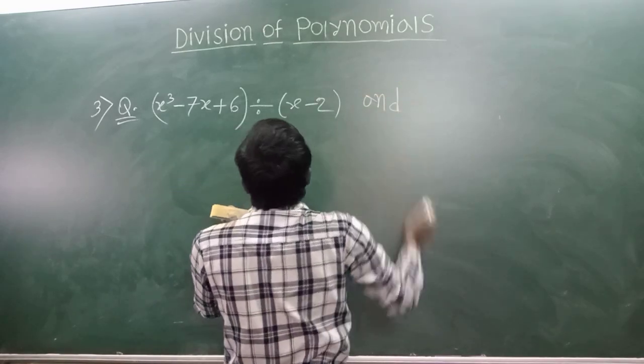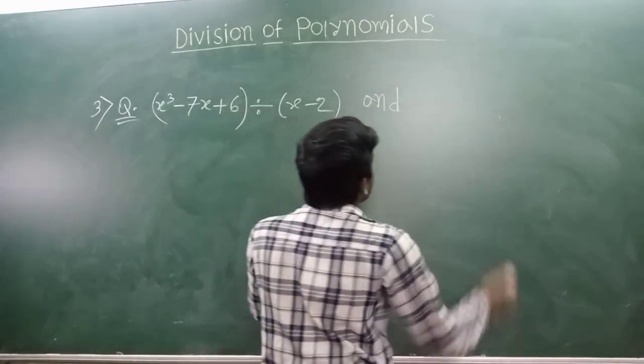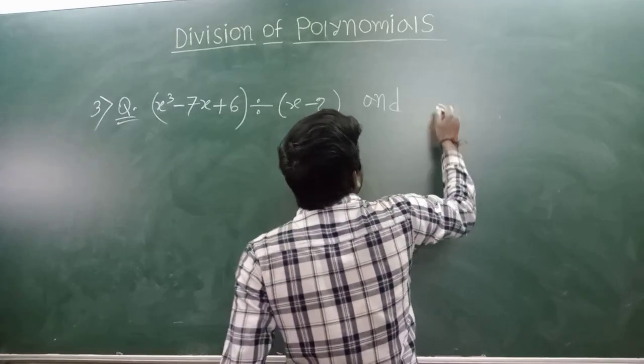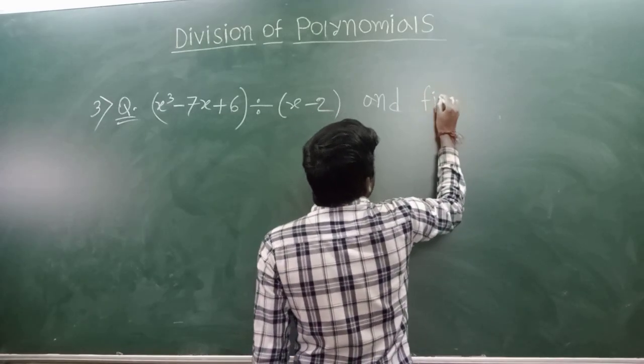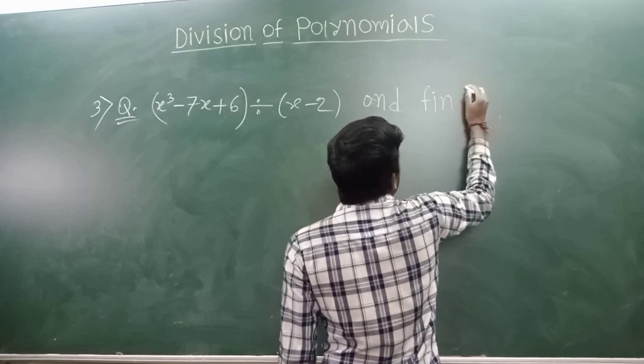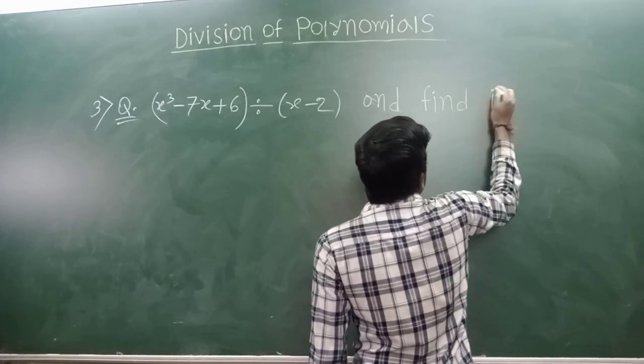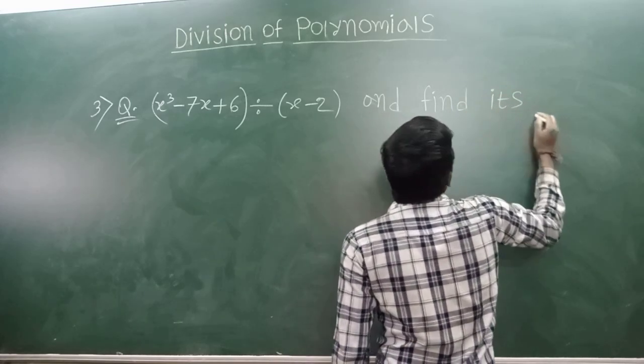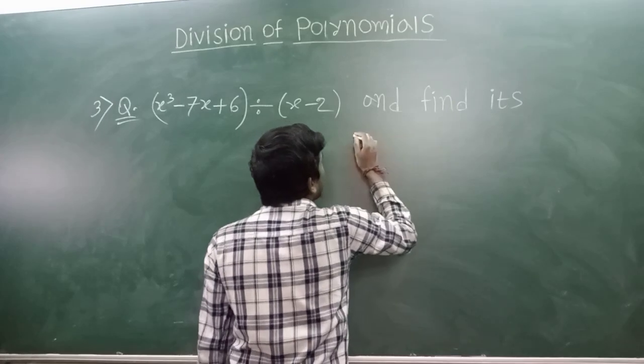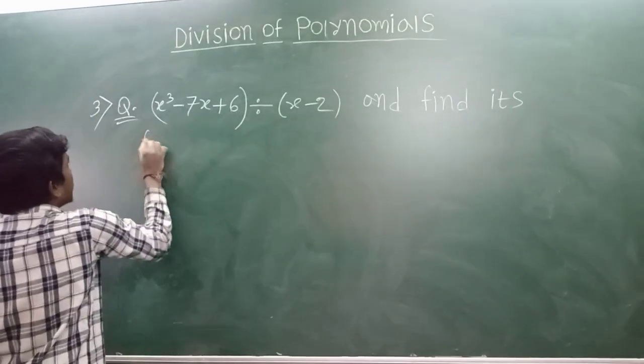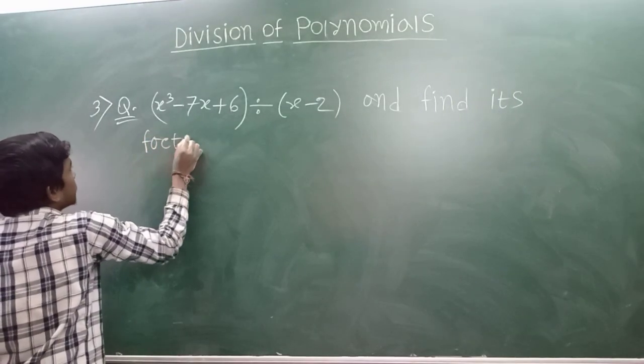And I think, yes, this will give us remainder 0. So we can find the factors. I don't know whether this is visible. Let's try this here. Find its factors.